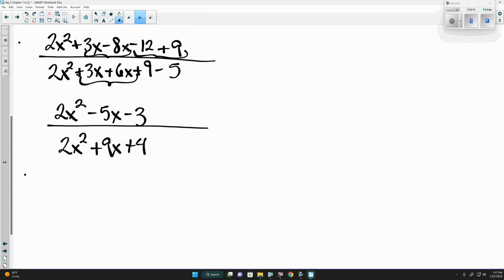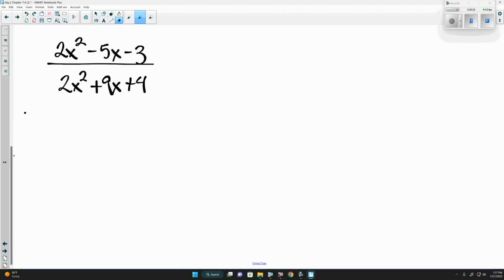Since we do have this addition and subtraction, those terms are more or less stuck together, because we can only really start crossing things out if the terms on top are multiplied, terms on bottom are multiplied, and something's in common there.